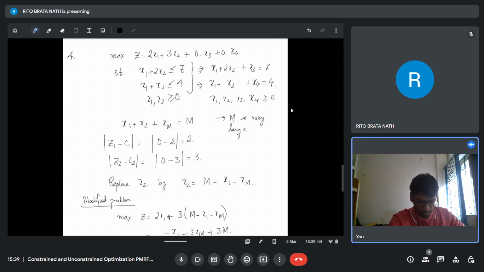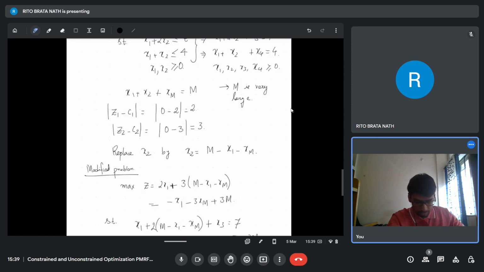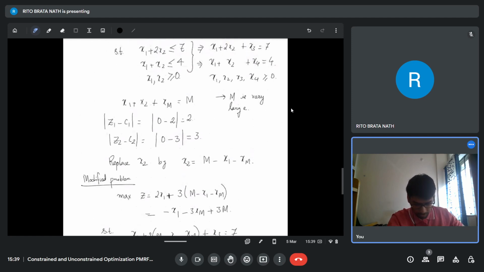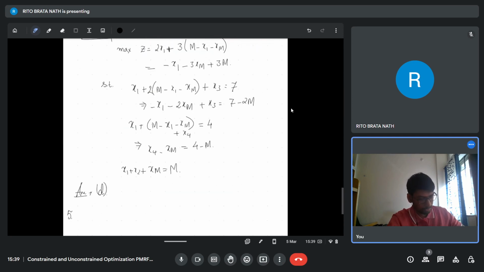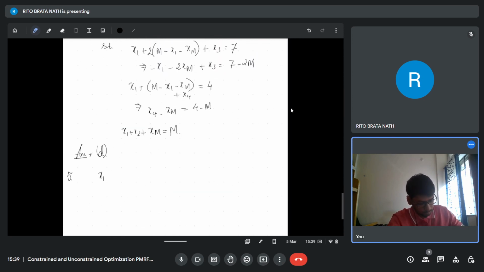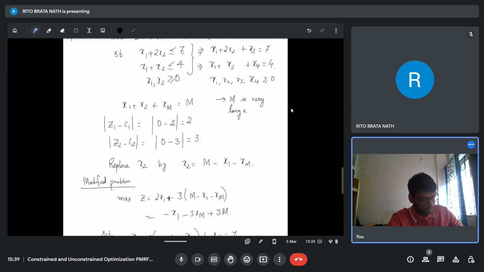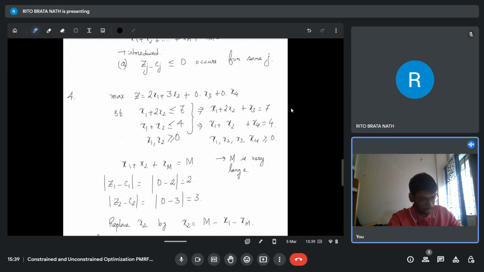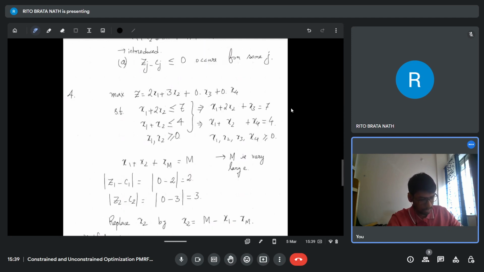In this problem, I think the solution would be x1 star and x2 star equals 1 and 3, and you'll be left with a z star value of 11.